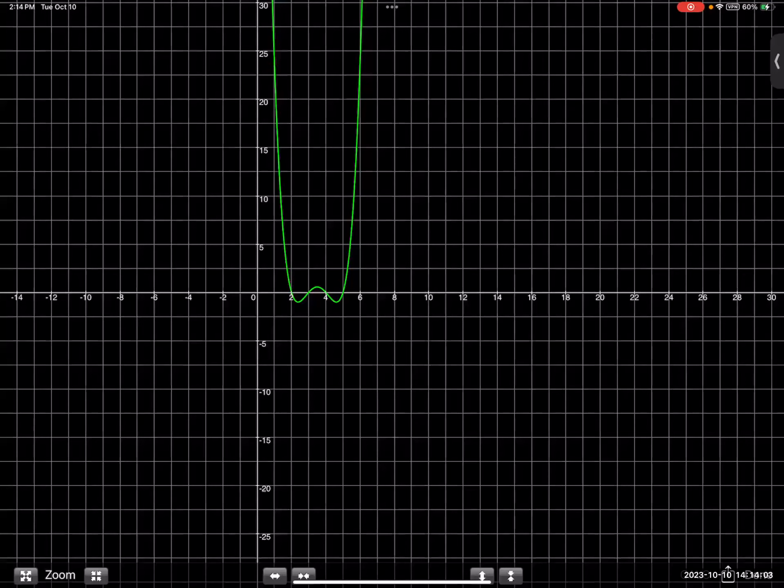We could determine that there could be 4 positive real zeros, and in actuality, there are. And that is the end of this section. So I'm going to stop the recording now and post this, and hopefully that'll help you a little bit.